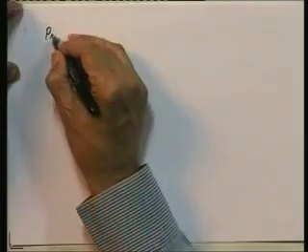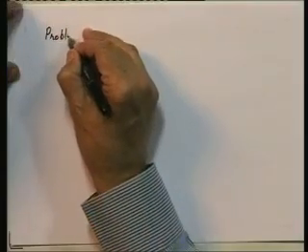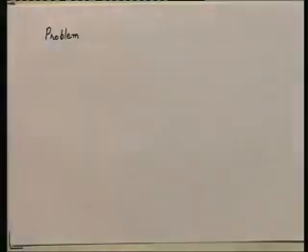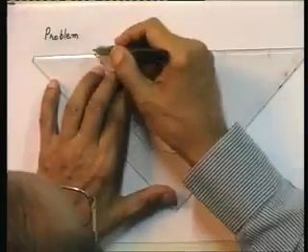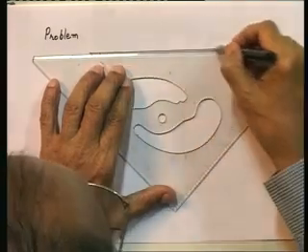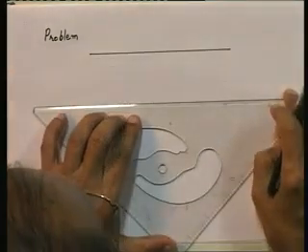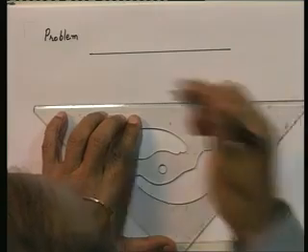All right, now we want to look at a problem. We are going to look at the following problem. Suppose I have a surface 1 and a surface 2 like this. This is surface 1 and this is surface 2.